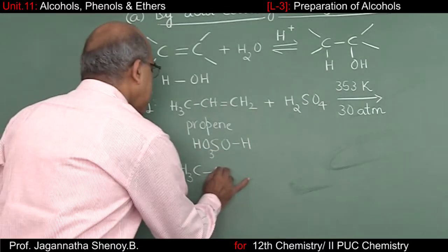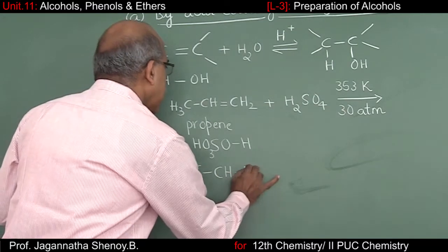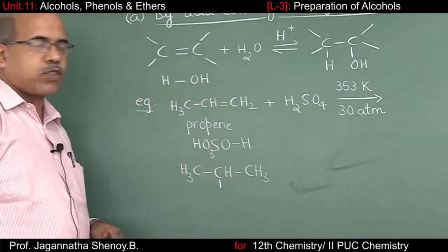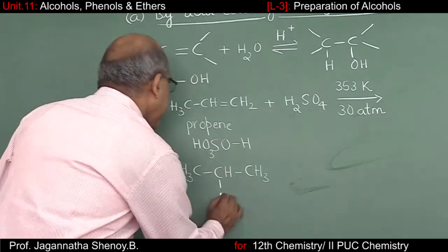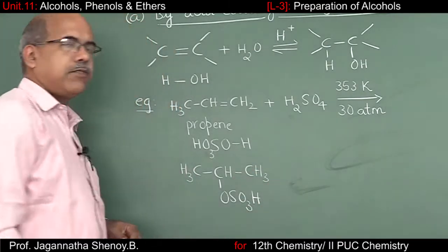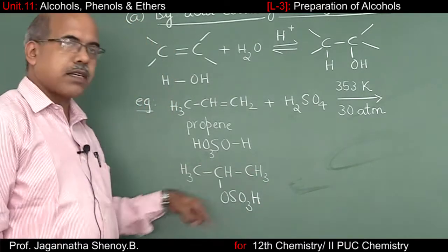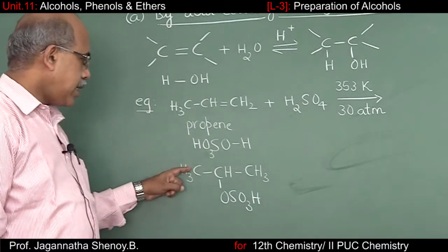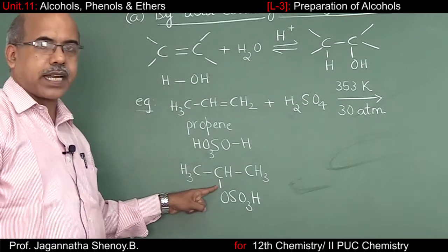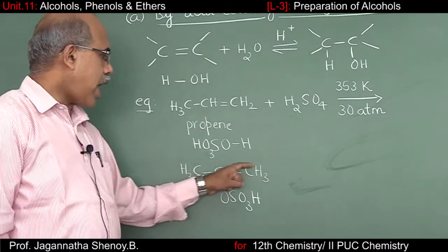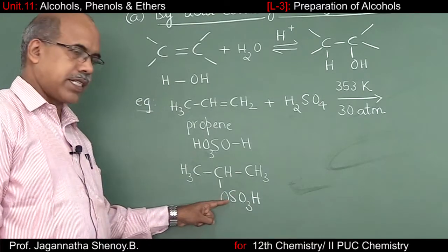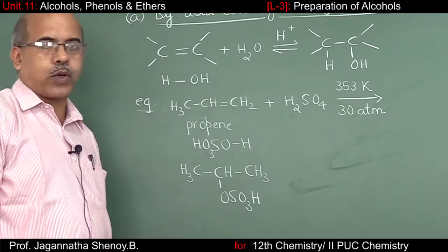In other words, the intermediate product obtained is this compound. This is nothing but the isopropyl group. You can make out there is a branching on the second carbon atom. So this is the isopropyl group, and if you compile it and write it, this becomes HSO4.